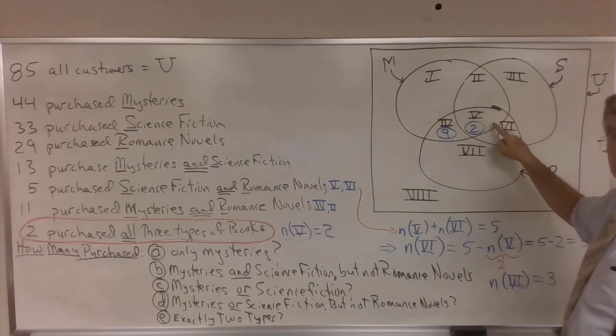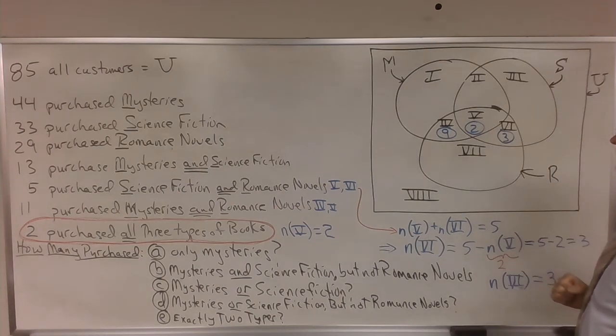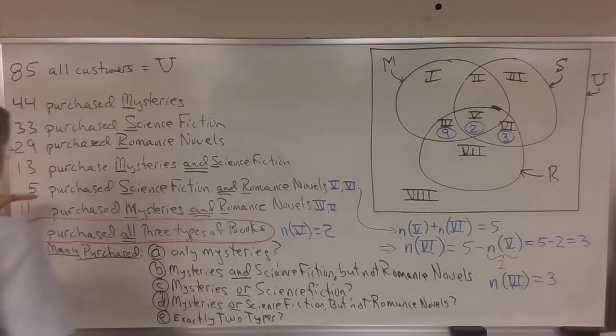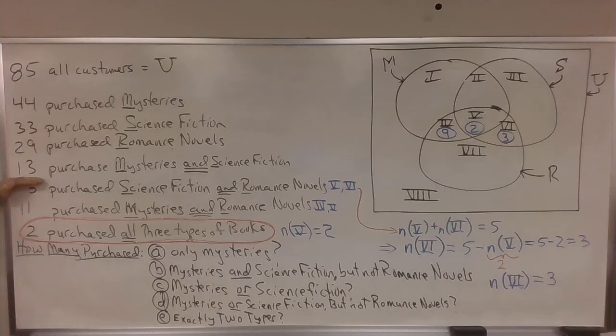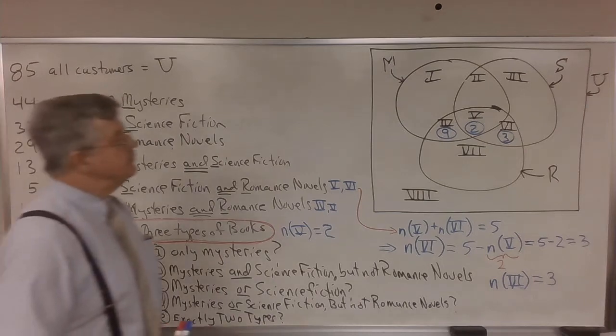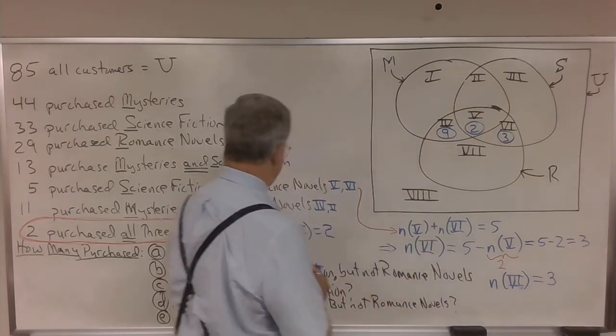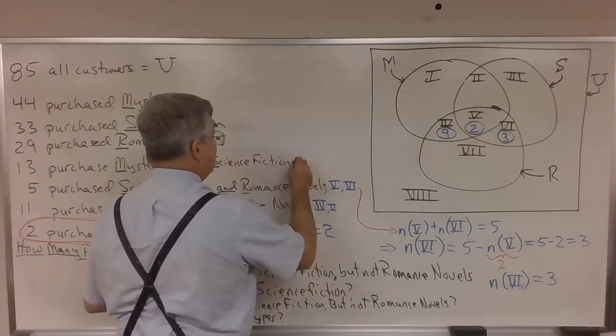And we already know how many people are in region 5. So yeah, I think this would be a good piece of information to make use of next. So let's see, mysteries and science fiction. That's region 2 and region 5. I'll write that down.